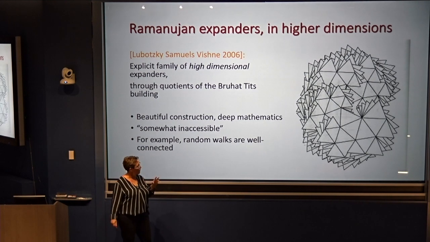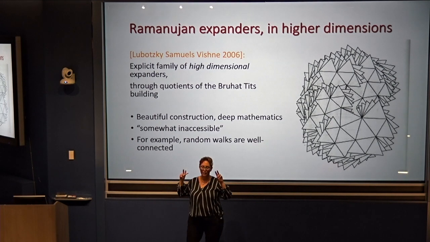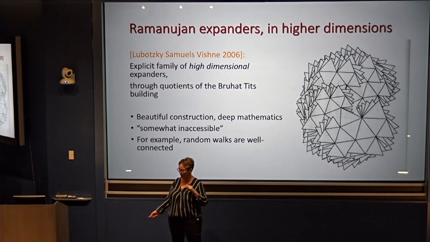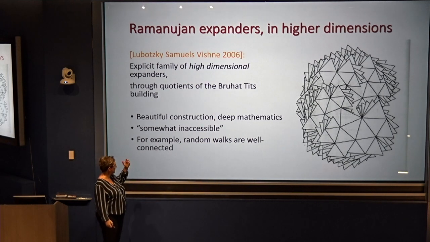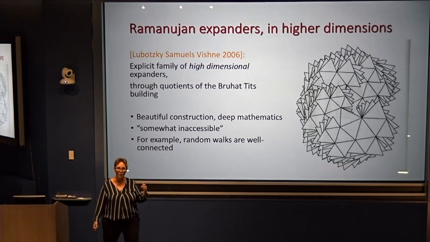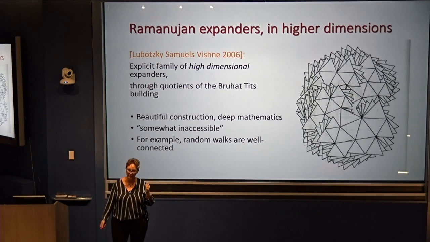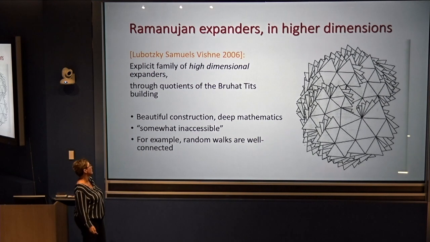And in this object, in some way that can be made precise, these random walks are as fast mixing as possible. Okay? It turns out that even the finite quotients maintain this property. They're really excellent mixing. That's an interesting property. Can you use it for something? Okay.